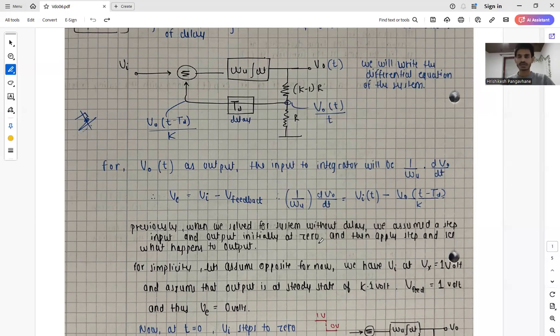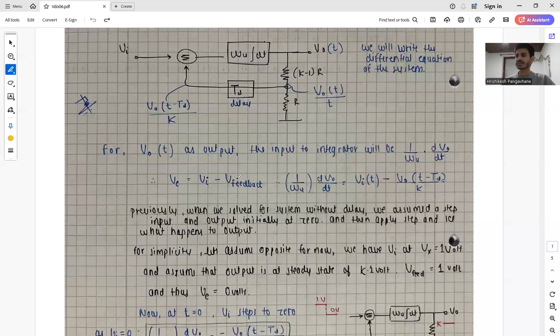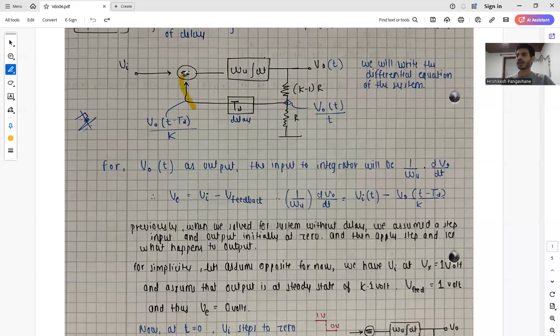As V in is 1 volt, the output is at k volts. So v naught by k comes out to be k by k, which equals 1. At this point we get a voltage of 1 volt, and thus the input here is 1 volt minus 1 volt, which is 0.